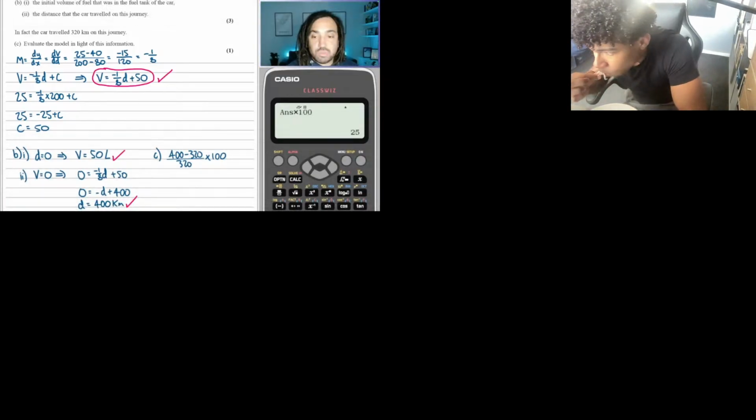So that's an error margin of 25%, which is rubbish. That means the model's not good. So you can write the model is not reliable as the error is 25%. Okay, job done.